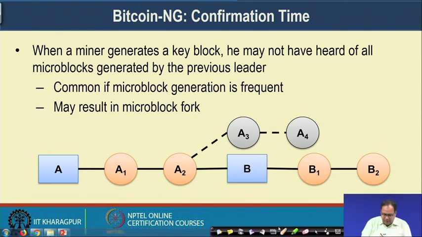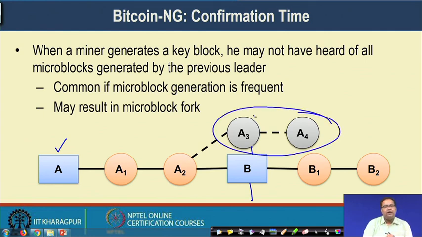In this example, say A was a miner who has generated this key block, and at this time instance another miner B has generated this key block. Now, it may happen that when B generated this key block, it had not heard about all the microblocks generated by node A. So, certain microblocks may become a fork.